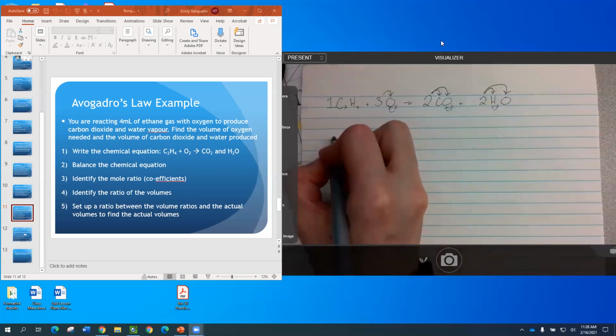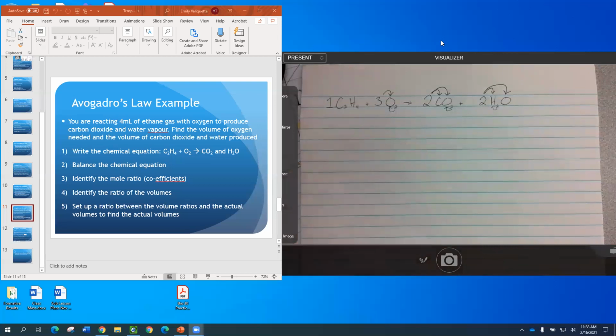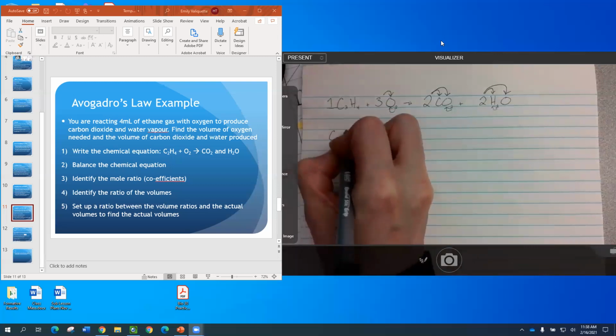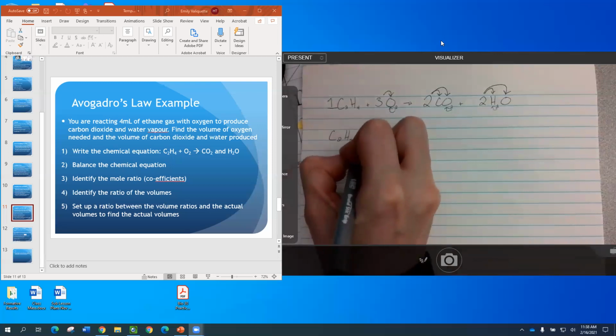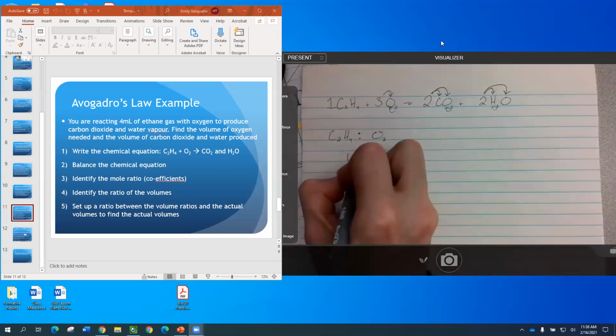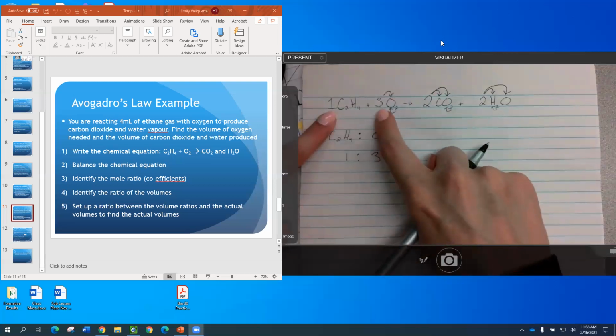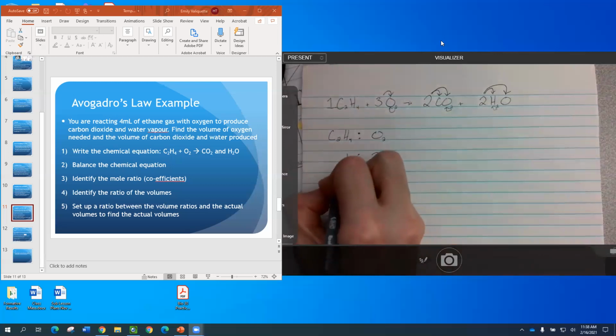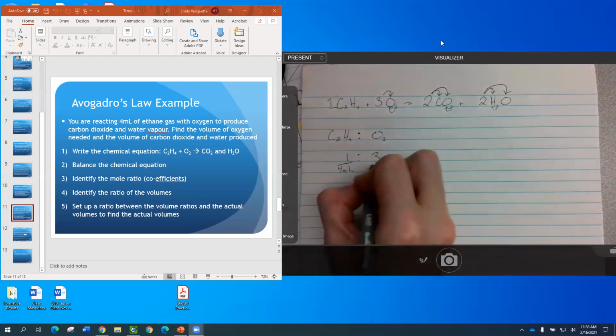I am given the volume of ethane gas as being 4 milliliters. So to go from ethane gas to oxygen is a 1 to 3 mole ratio. I know that I have 4 milliliters of the ethane.